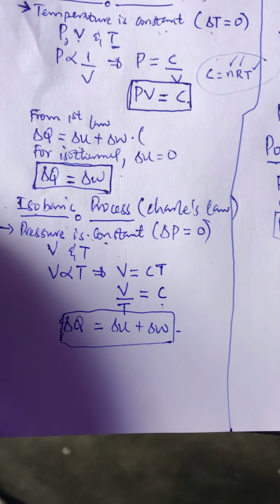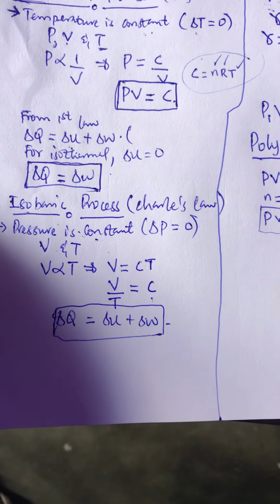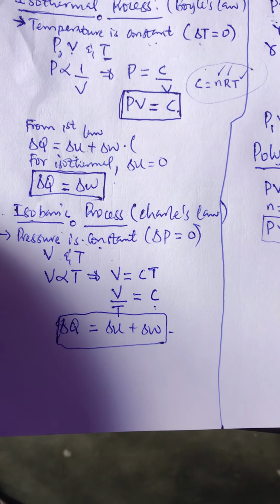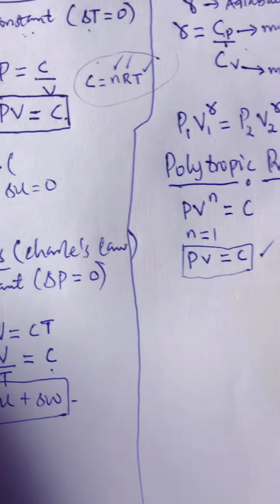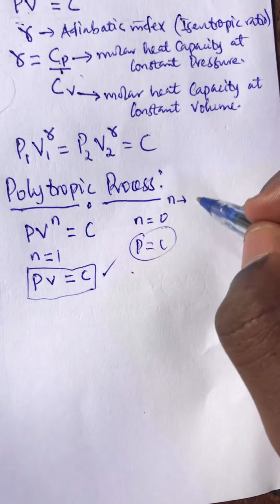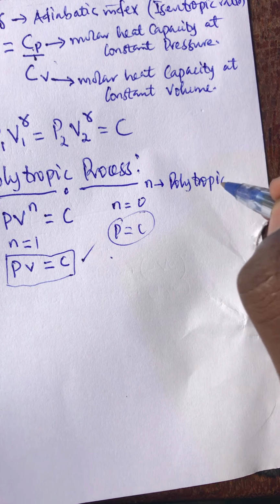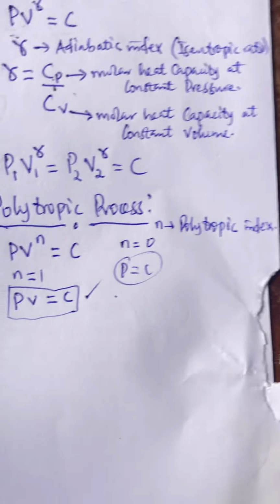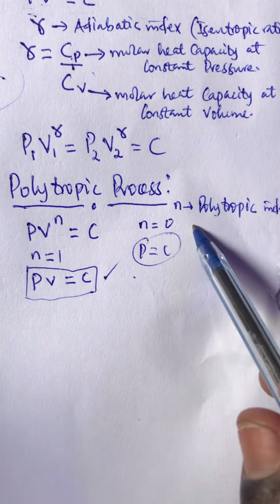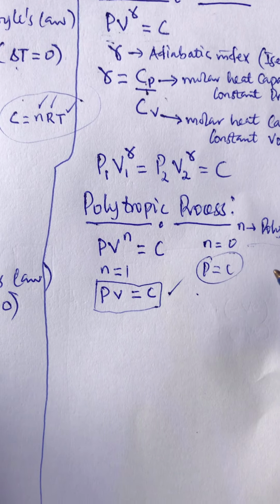Therefore, that one will give us what we call Charles's law, the isobaric process. So n is basically called the polytropic index. So basically a polytropic process generalizes all the laws.